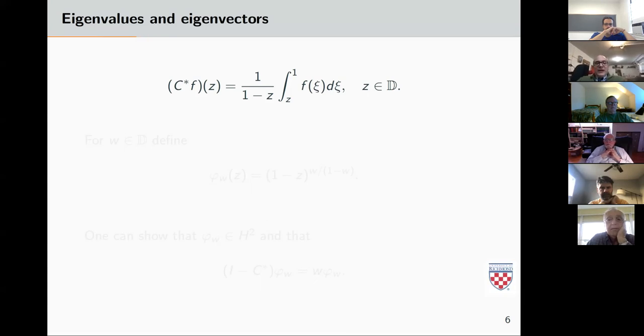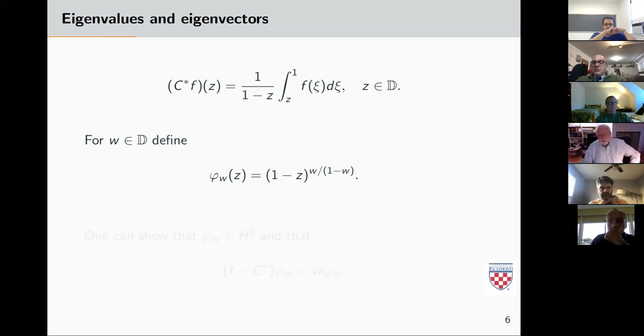And then because it's just anti-differentiation, we can consider this analytic function. W is a parameter in the open unit disk. And this is an analytic function on the disk. It's a function of Z. There's a logarithm involved, so let's be clear. Let's arrange things so that the branch of the logarithm you choose is such that the log of 1 is equal to 0. Let's make that unambiguous. So this is a nice analytic function.